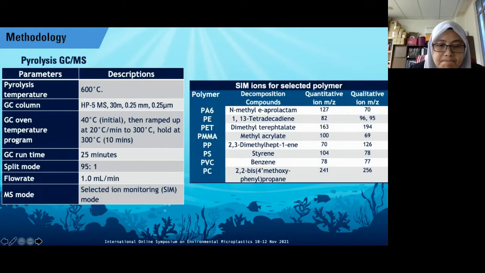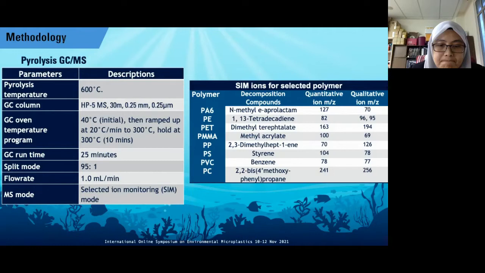In the GC, the initial oven temperature was set at 40 degrees before it ramps up to 300 degrees C at 20 degrees per minute, before the final temperature is held for 10 minutes. So it's a very fast analysis process. For the inlet, we use split mode, 95:1, with a flow rate of 1 milliliter per minute.